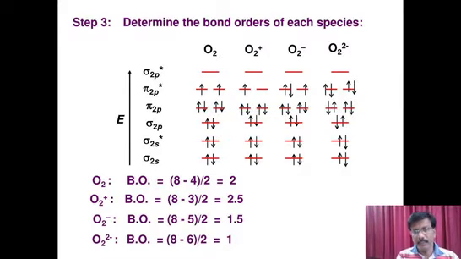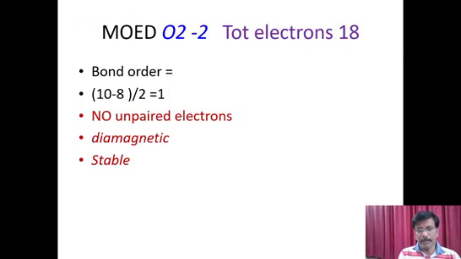You see that there are 2 extra electrons when compared to O2, and those 2 electrons are already paired up at pi star only. You can see the last diagram: in the upper part, pi star 2p, two electrons are written. That means all electrons are paired up. There is no unpaired electron.